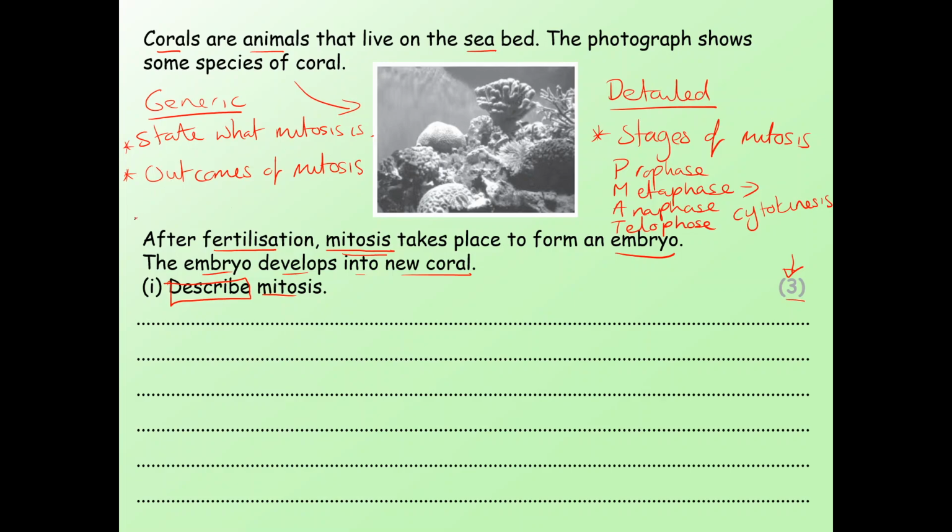Okay, I am going to take the slightly easier option here and talk about the generic. So first of all, mitosis is a form of cell division. Now, possible outcome. It produces 2 daughter cells.